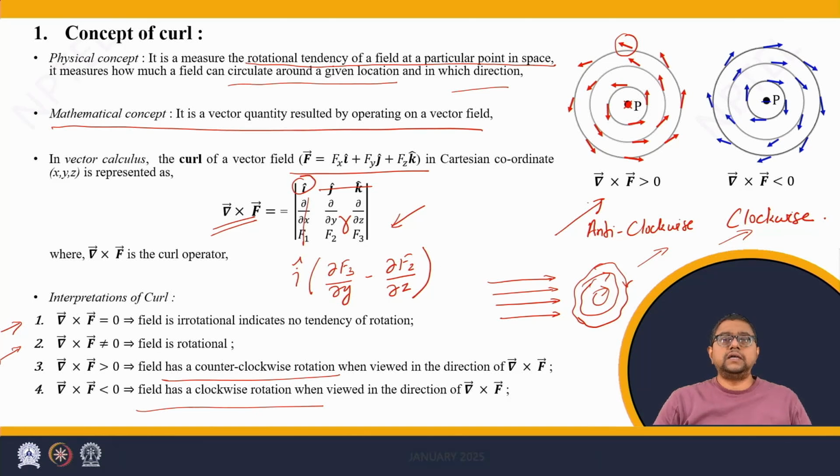So, we can understand that the curl represents the rotational tendency or curvature of the field lines. If the field lines are more curved, then the curl is higher. And if the field lines are parallel to one another, then the curl vanishes.